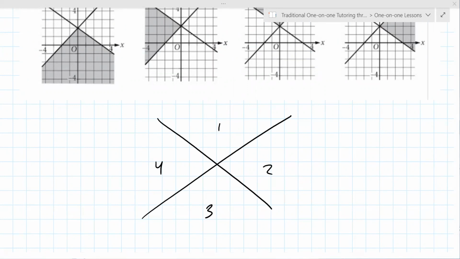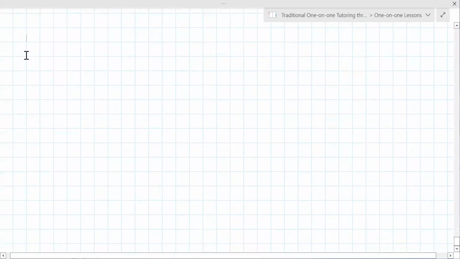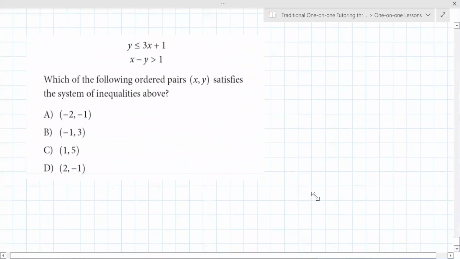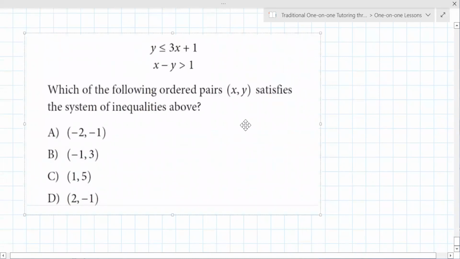Okay. Now we've done a problem like the following here. Let me pull it up here. Sorry, just didn't get this quite snipped in. Here we go. So we've done a problem like this before. Do you remember how you solved a problem like this? Yeah. We substituted in.